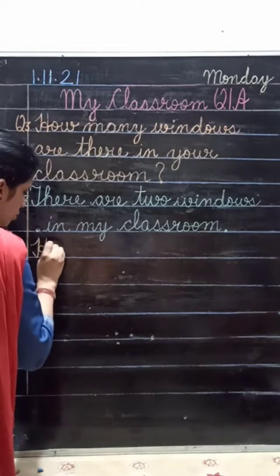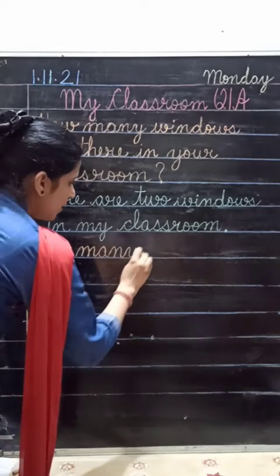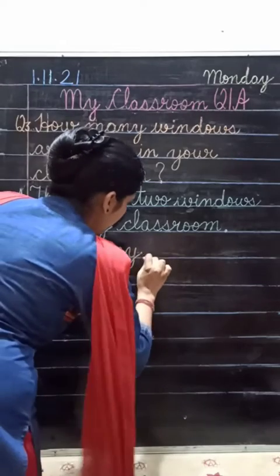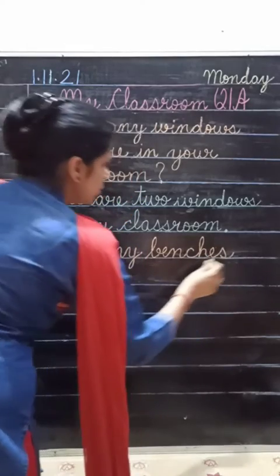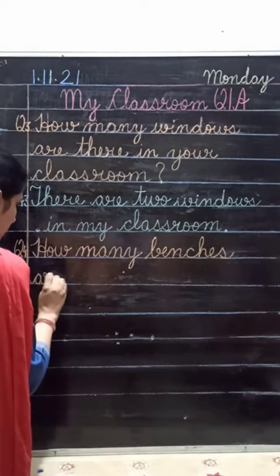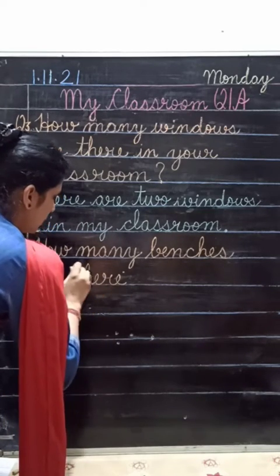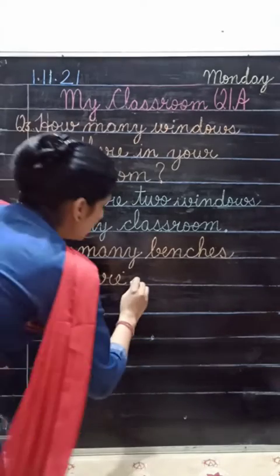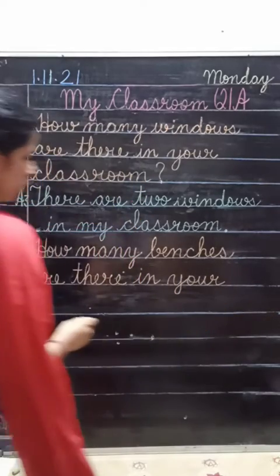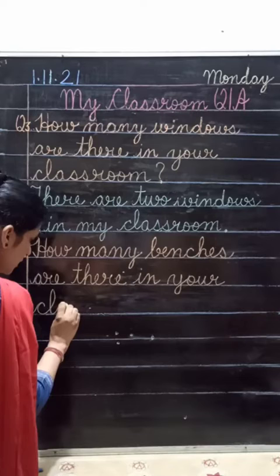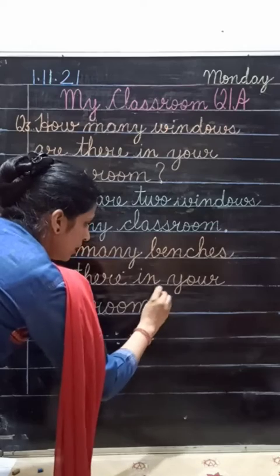Write down H-O-W, how, many, M-A-N-Y, many, benches, B-E-N-C-H-E-S, benches, are, there, T-H-E-R-E, in, I-N, your, Y-O-U-R, classroom, C-L-A-S-S-R-O-O-M, classroom.